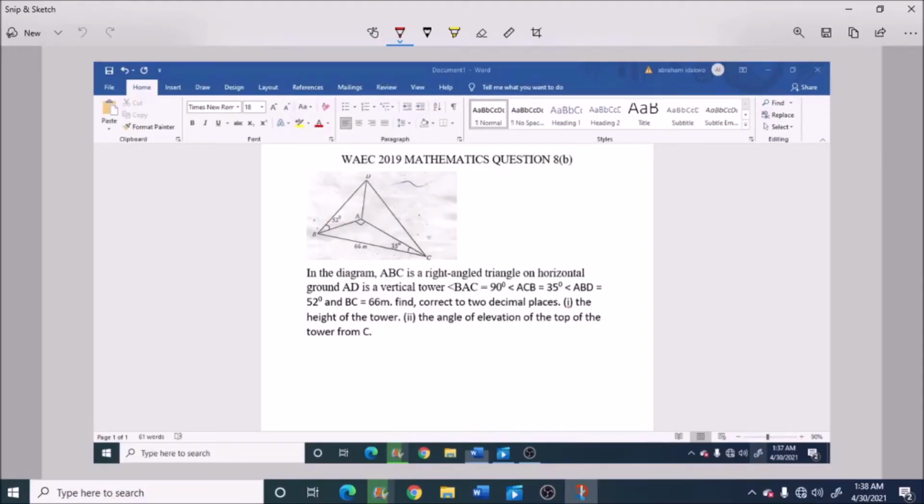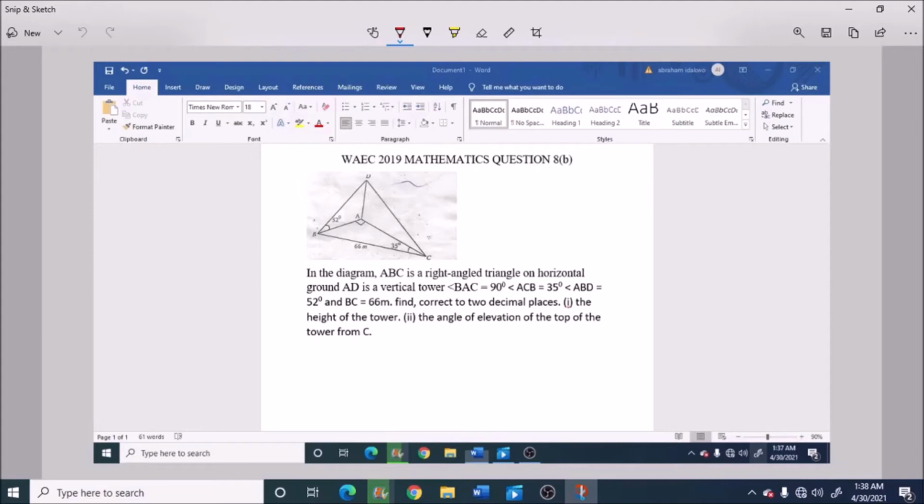Hello and welcome. Today I will be answering WAEC 2019 mathematics question number 8b. Now in the diagram, ABC is a right angled triangle on horizontal ground. AD is a vertical tower. Angle BAC is equal to 90 degrees. Angle ACB is equal to 35 degrees.